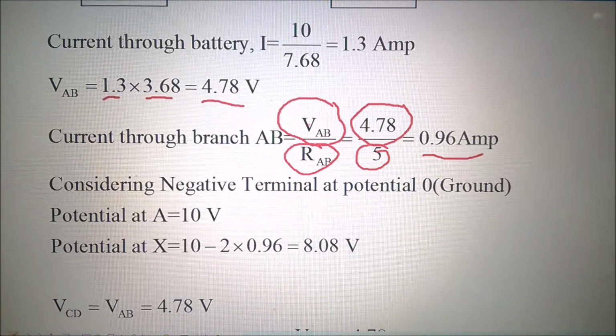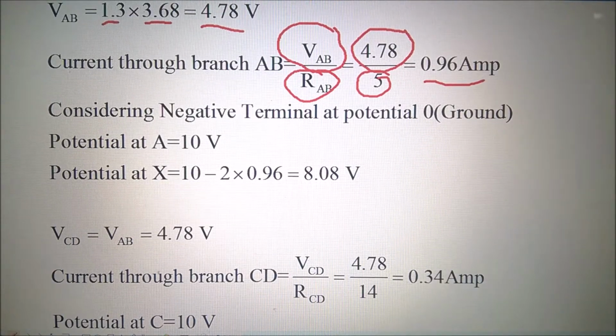You can see here the potential at X is 10 minus 2 into 0.96, which is equal to 8.08. That is the potential drop at resistance 2.